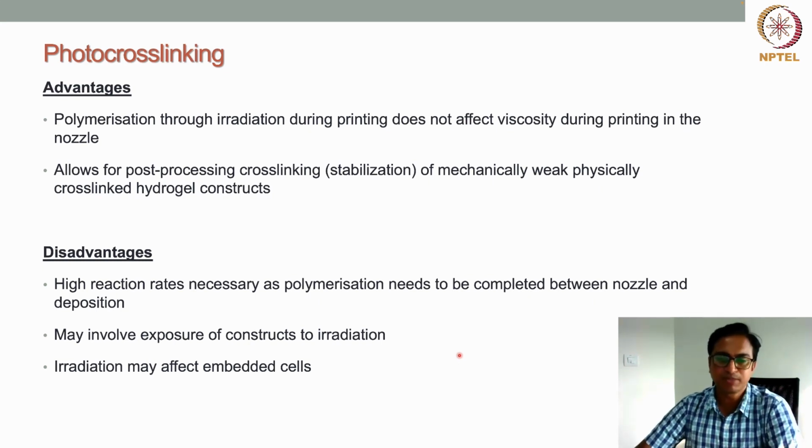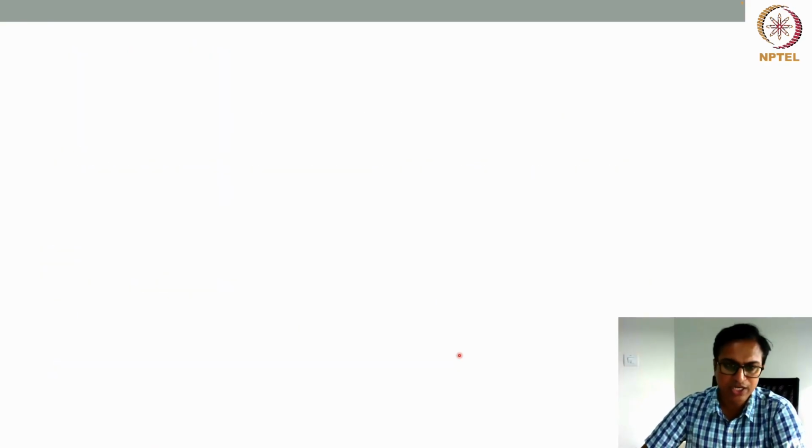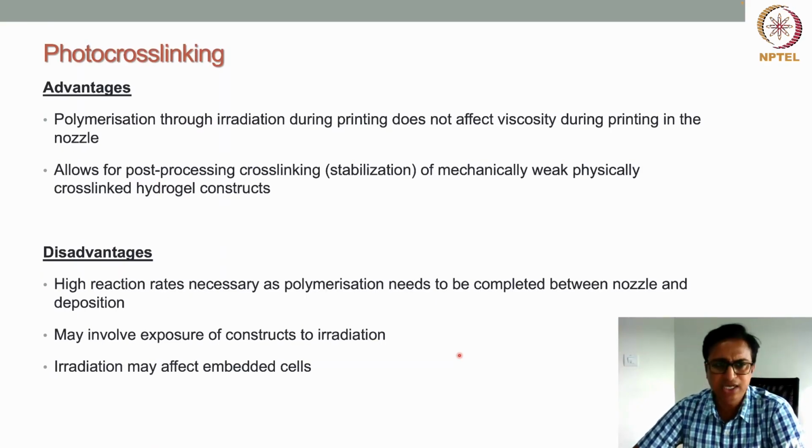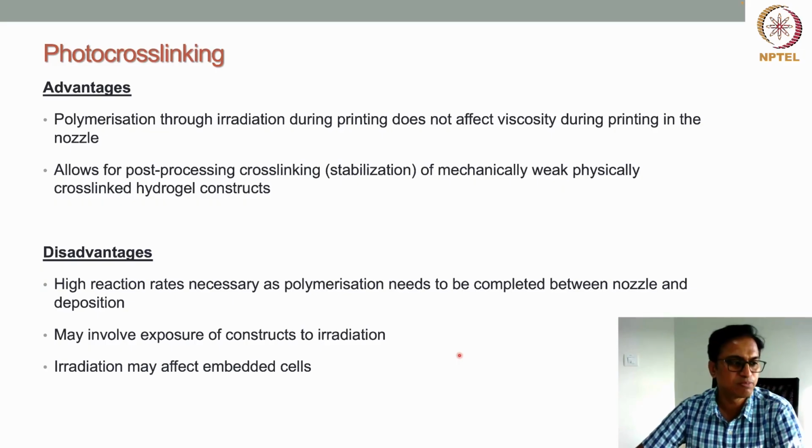Now, depending upon your requirement, you can use either physical, chemical, or photo cross-linking. It also depends on the time duration of the cross-linking. In certain cases, suppose your bioprinting approach needs the cross-linking to be very fast.